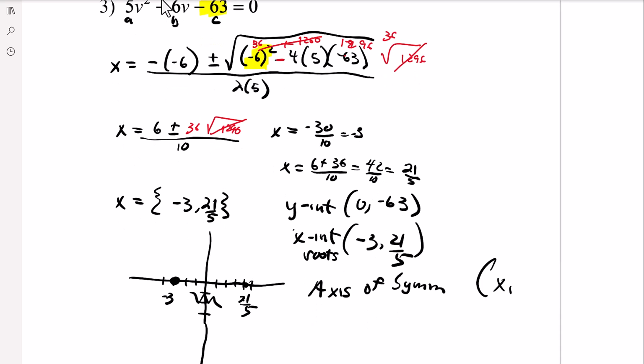You add the two x's together and divide by 2. So negative 3 plus 21 fifths. I put that in parentheses; you might want to do that. So the axis of symmetry is where x is equal to 3/5.